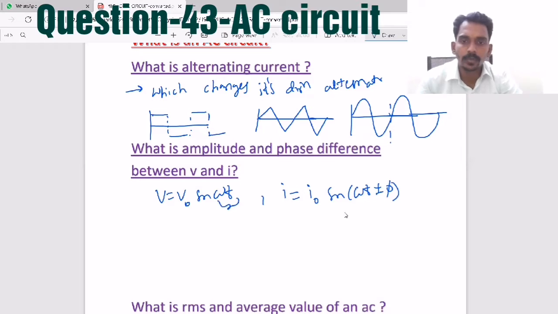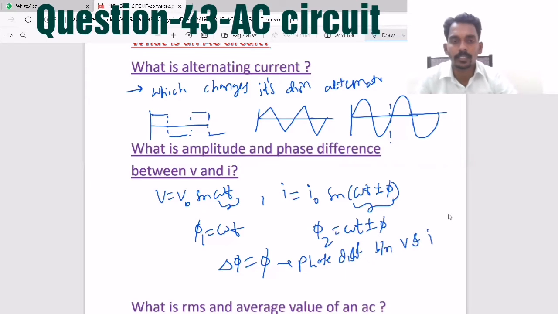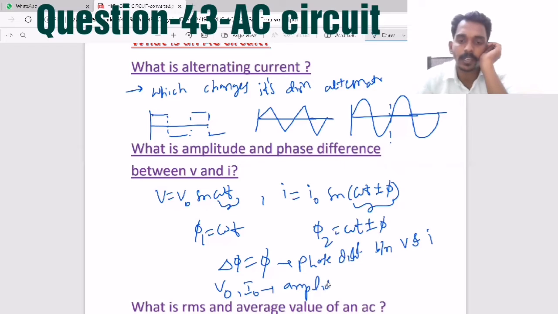Here omega t is phase 1, and omega t plus or minus phi is phase 2, and delta phi equals phi. This is the phase difference between voltage and current. In every AC circuit, there is one phase difference between voltage and current, and V0 and I0 are called amplitudes. That means the peak values, the maximum values of the alternating voltage or current.